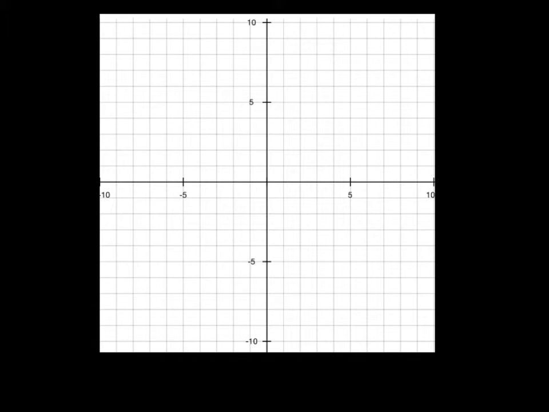Let's examine some reflections on the XY coordinate plane. And to keep this simple, let's just look at line segments. And we'll start by reflecting over the axis lines, the y-axis and the x-axis. Flipping line segment AB over the y-axis looks like this.